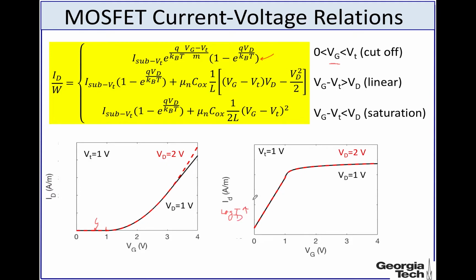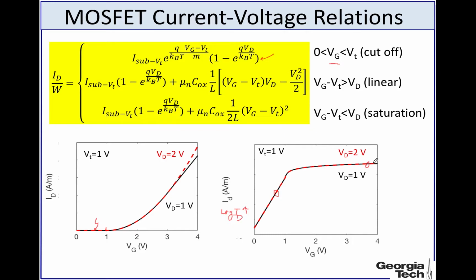And an important feature that we said was that this subthreshold current is almost independent of drain voltage, meaning that if we increase the drain voltage, this subthreshold current does not increase. The current above threshold voltage will increase, for example here, and here also there is a small difference in the drain current.